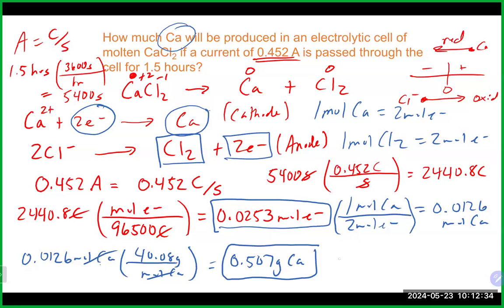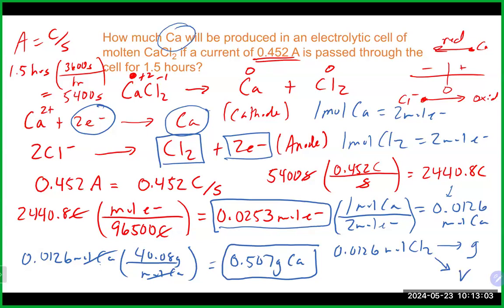That would give me 0.0126 moles of chlorine in this case. I could use the molar mass and again figure out how many grams of chlorine. Maybe if I had some temperature and pressure information, I could use the ideal gas law and figure out how much volume of chlorine as well. Any questions?